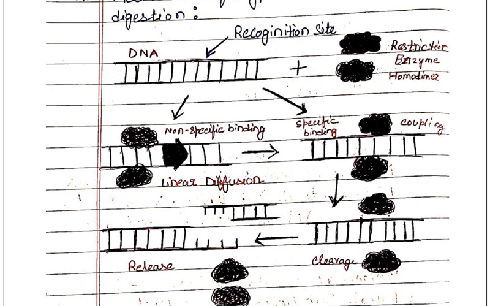In the other part, we can see specific binding taking place with the help of coupling. With this coupling method, the homodimer gets attached to the double-stranded DNA.